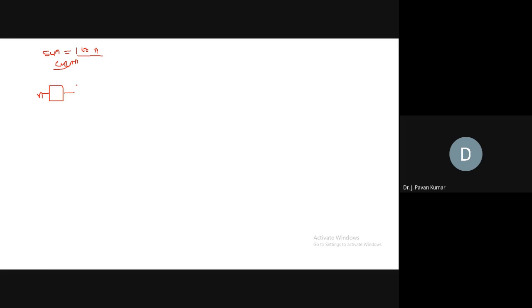Then what will be the output? Sum will be the output. How can this sum be calculated? Let us consider 6 as the input. Then what should the output be? 12, the sum of the even numbers. 2, 4, 6 are the even numbers, so we add them all and get 12.